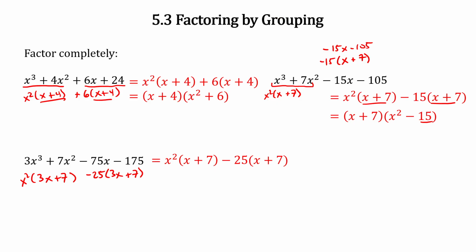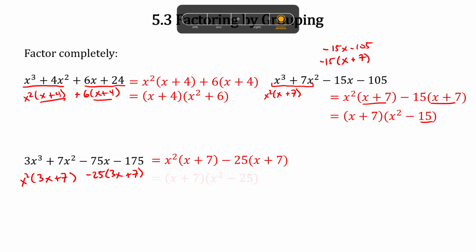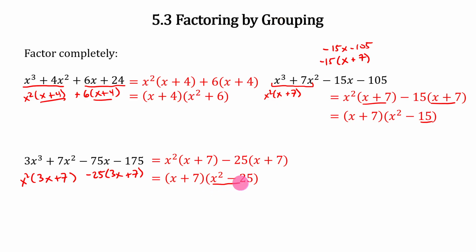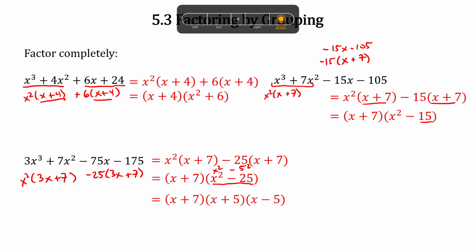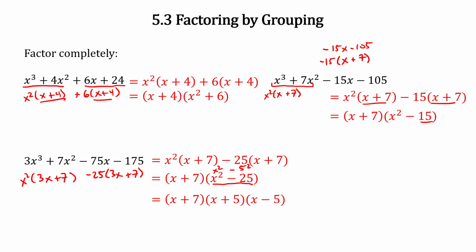Now I'm going to factor out the x plus 7. Now we need to recognize this is the difference of squares. This is x squared minus 5 squared. So we get x plus 7 times x plus 5 times x minus 5.